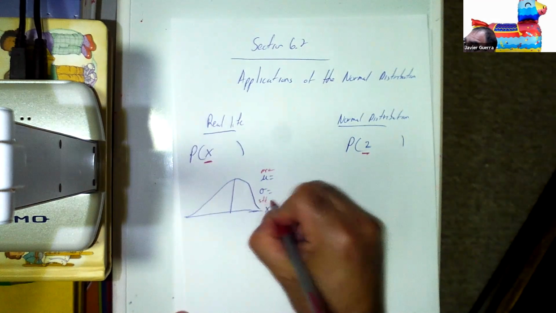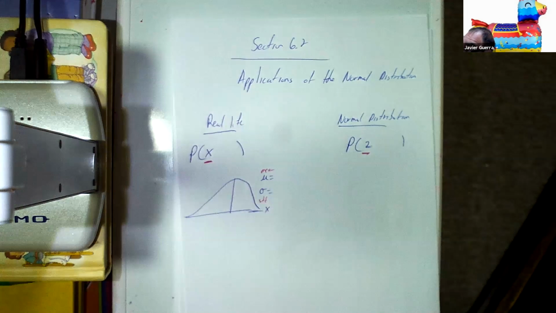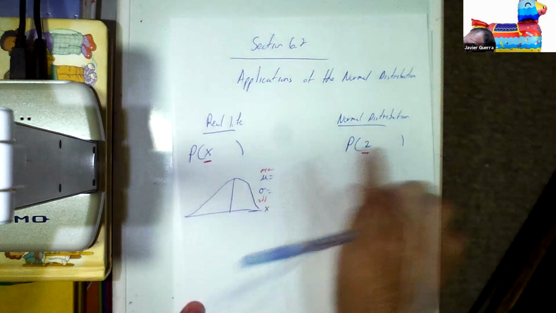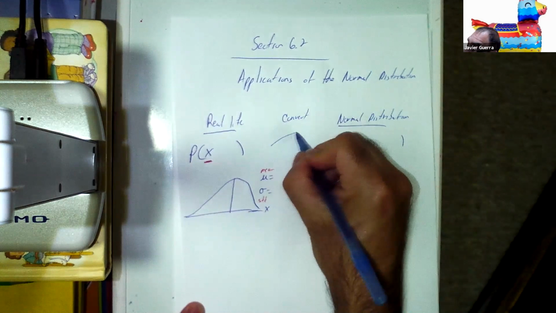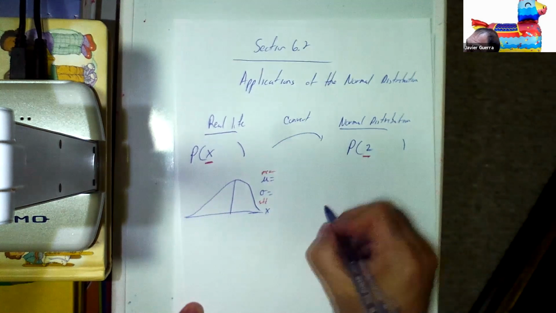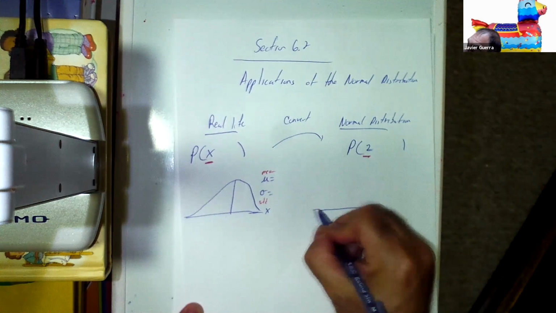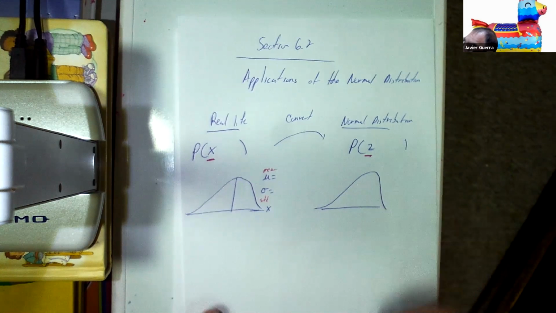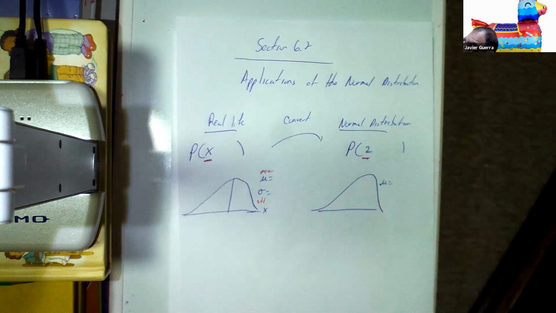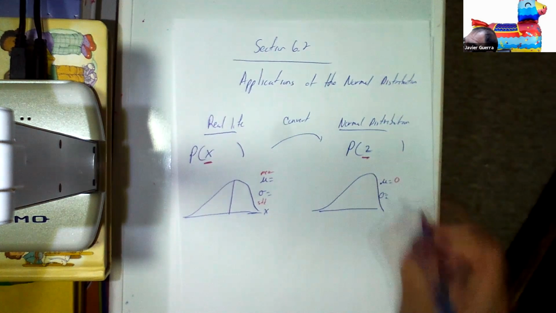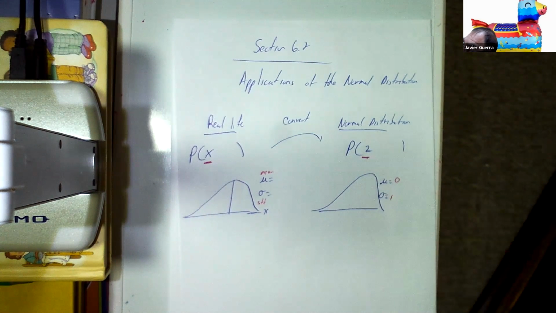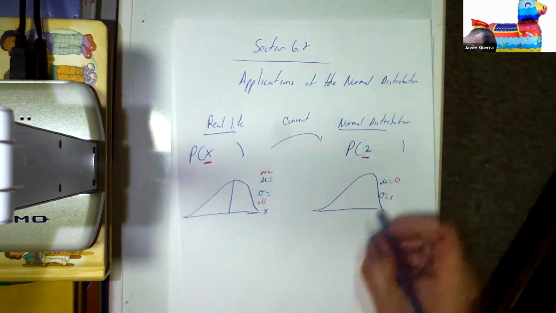When you convert, this is going to change to mean is 0, standard deviation is 1. This is our Z scale. Remember our Z? We were just doing that right now.